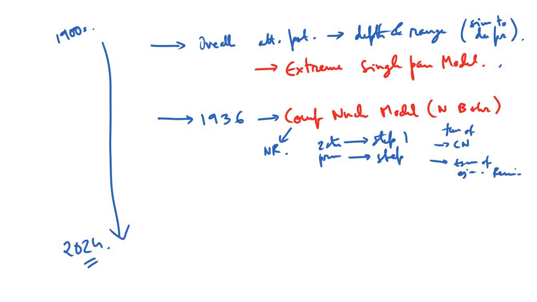Now this model was very good and it was successful for many years, but around the 1940s, it was observed that many properties of the nucleus show marked changes whenever the number of neutrons or protons corresponds to a special set of numbers, and this is basically the discovery, you can say, of magic numbers.